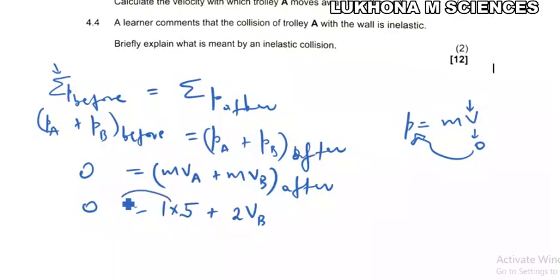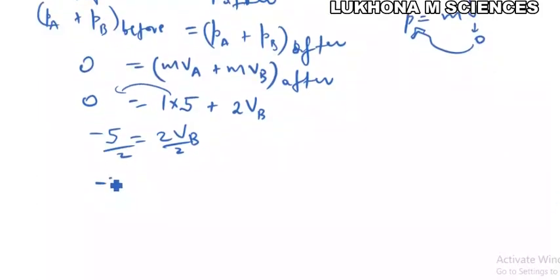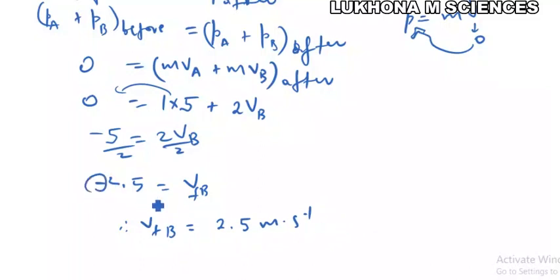Then we transpose, we have minus 5, which is equal to 2 VB. Then we divide by 2, and we have minus 2,5, which is equal to the final velocity of B. Therefore, B is moving with 2,5 meters per second.